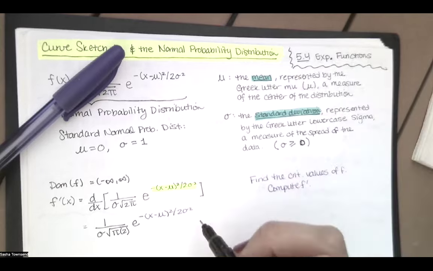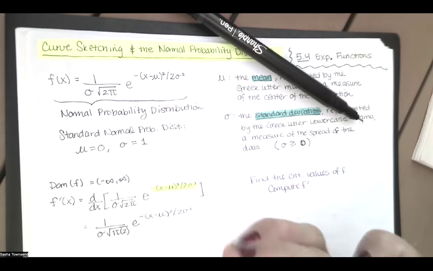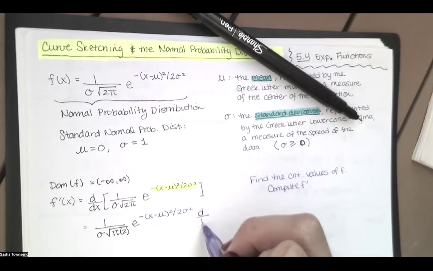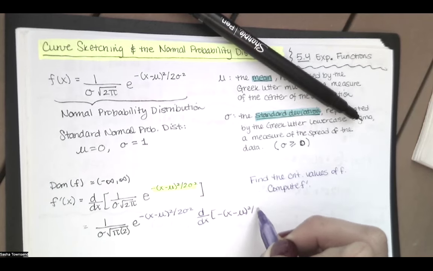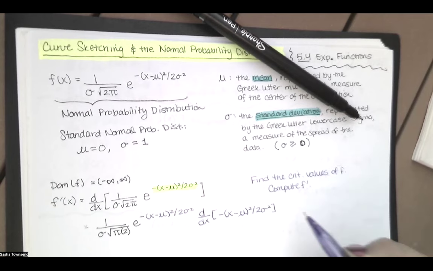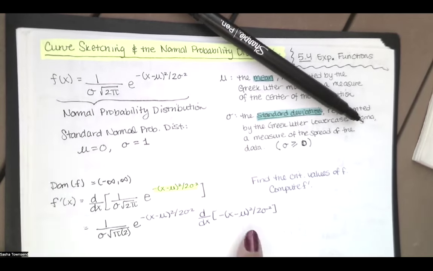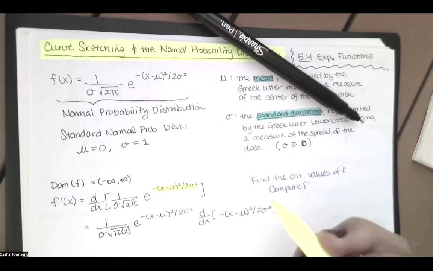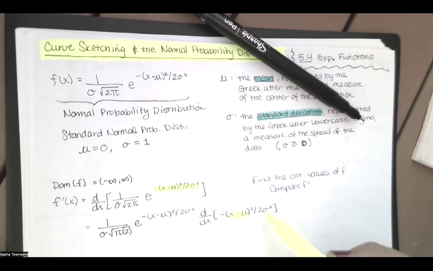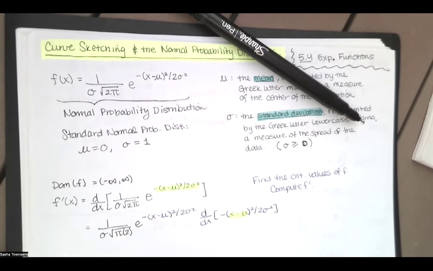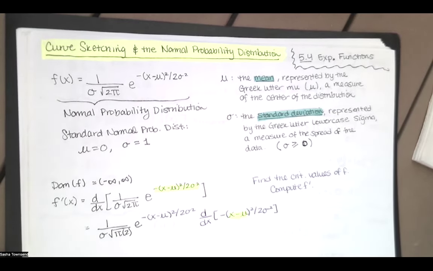And the derivative of the inside requires the chain rule as well. And we know it requires the chain rule because we've got this x minus the mean quantity squared there. And this negative 1 and that 2 divided by sigma squared, those are just constants. So we can factor that constant out.